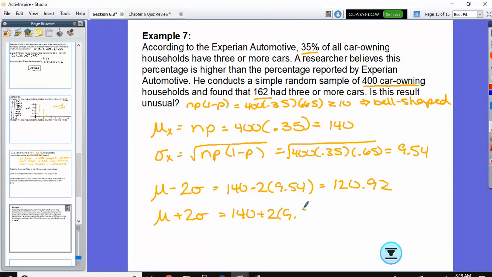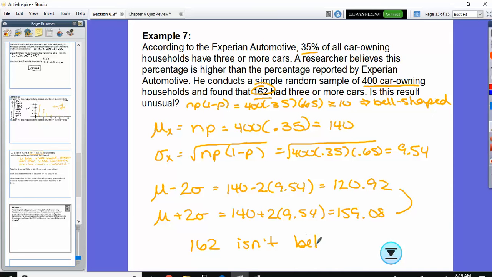Alright, and if I do 140 plus 2 times 9.54, we get? 159.08. That means 95% of our data should fall between these two values. So would it be unusual to have a 162? Yes, because it doesn't fall between these.